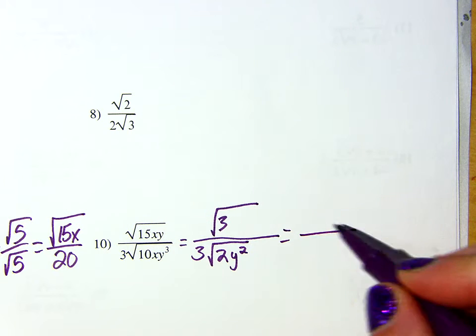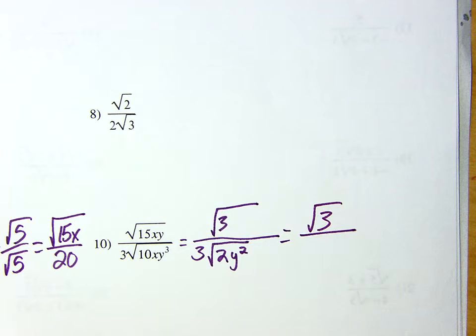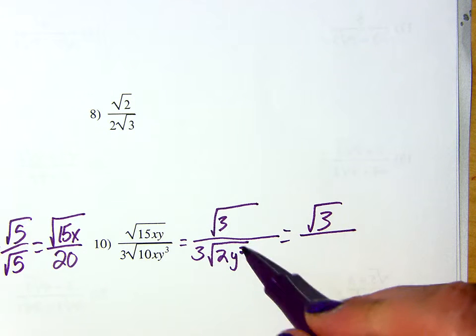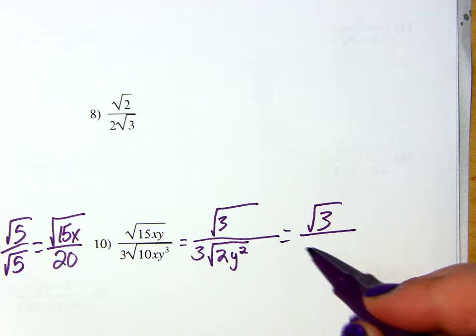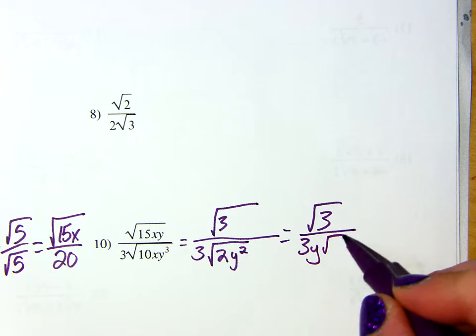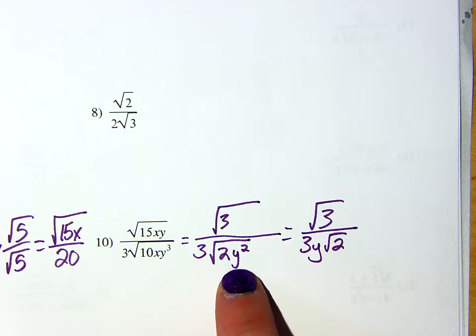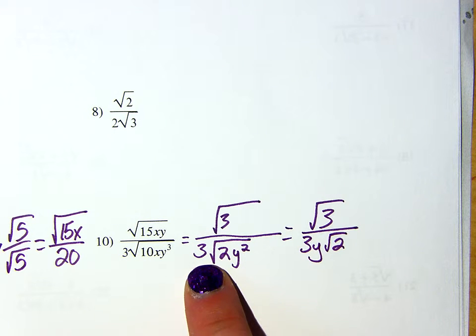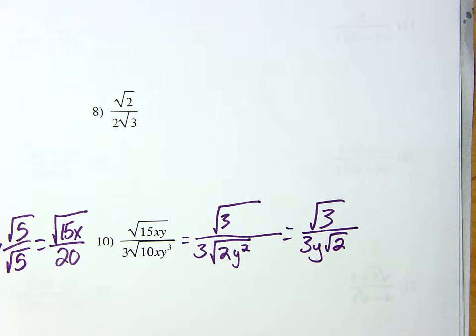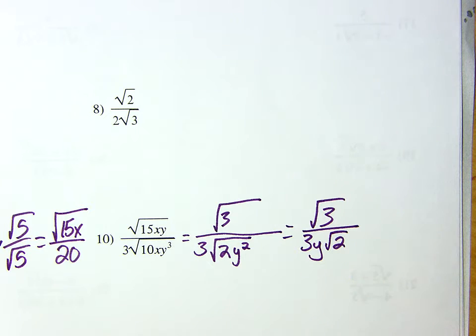So what this actually comes out to be, I have square root of 3 on the top, and then that y squared, I know the square root of y squared is just y, so this becomes 3y square root of 2. Do you see how we did that? The square root of y squared is just y, so it comes out, and now I don't have a y under there at all anymore. And this is much easier to deal with now.